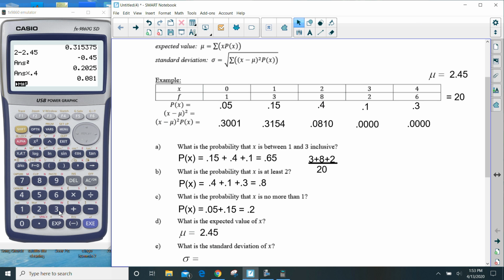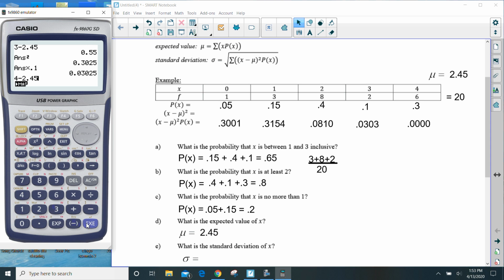X minus mu squared times P(X). Last but not least, x minus mu squared times P(X).